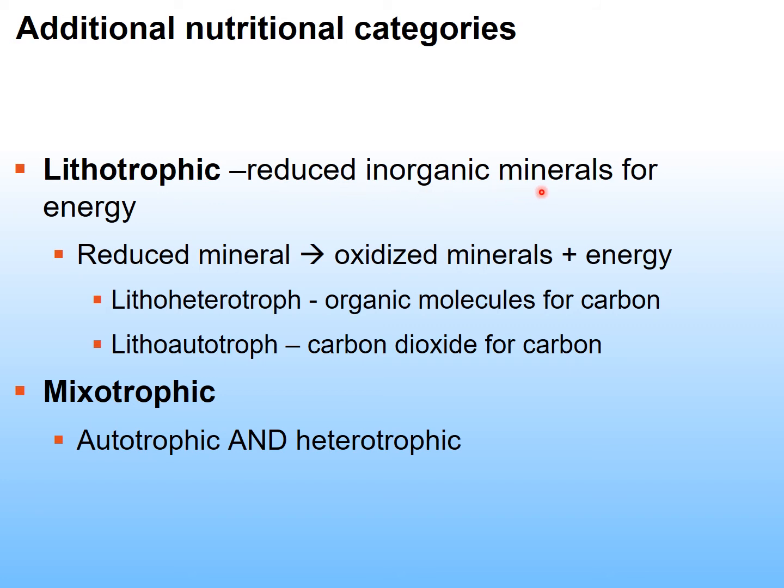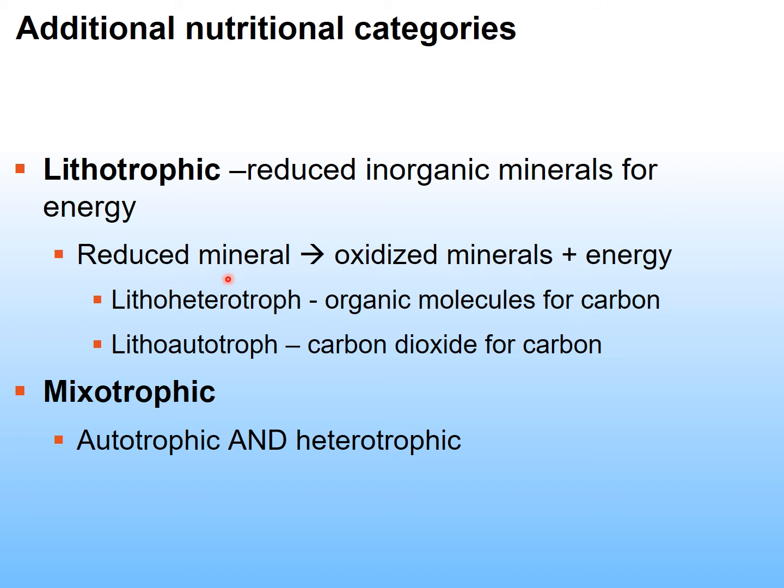Lithotrophic organisms use reduced inorganic materials for energy. Okay, so basically there's chemical reactions that take this reduced inorganic material or minerals, right? And then convert them to oxidized forms of that mineral. And this releases energy. So this is where they get that energy.